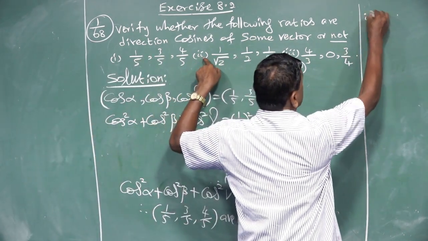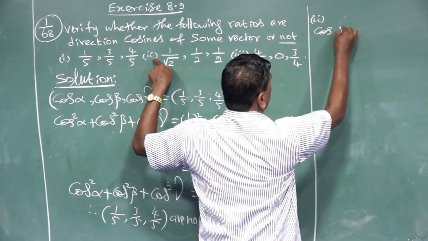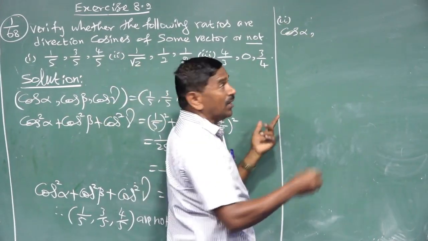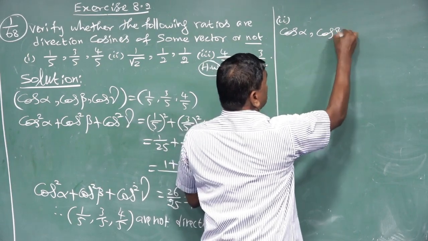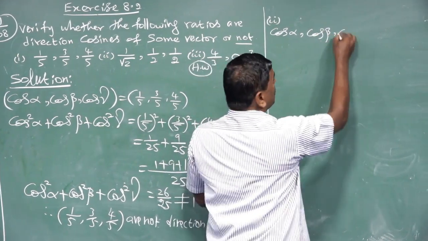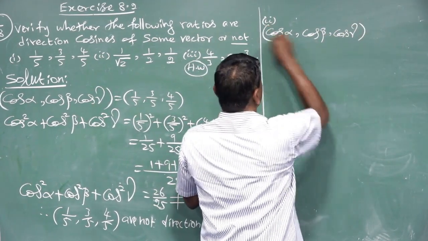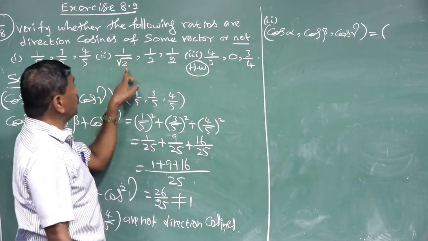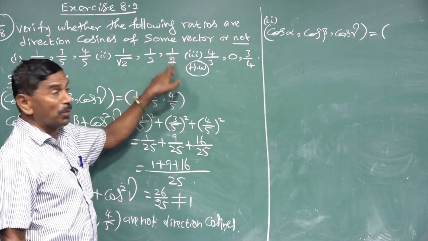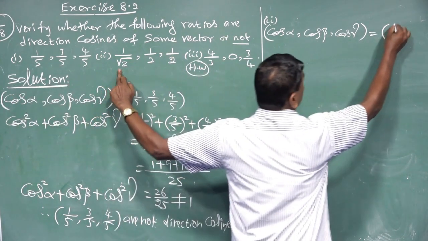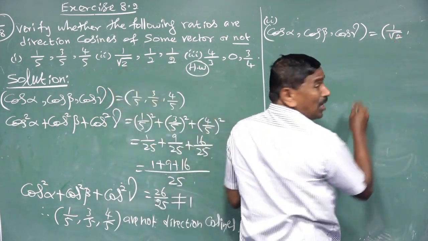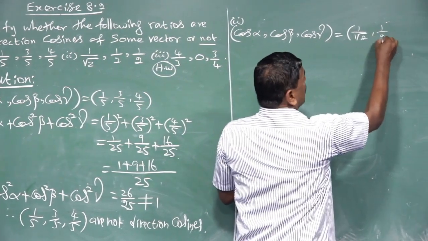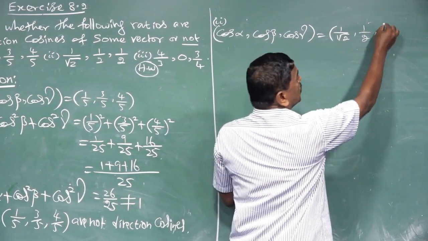Okay, listen. Subdivision 2 is given by cos alpha, cos beta, cos gamma, which is equal to 1 by root 2, 1 by 2, 1 by 2.